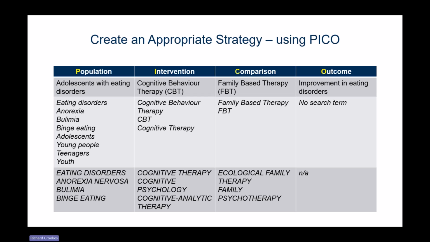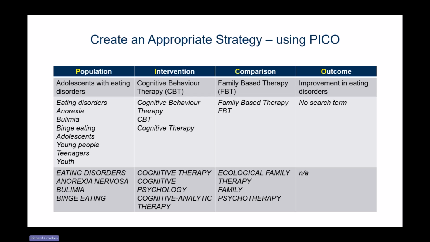So with population or the patient group, we have obviously numerous terms to consider. The italicized terms there in lowercase are the keyword search terms. So these are the free text terms that we can enter. Again, this is kind of second guessing what authors, researchers, editors use in terms of referring to the population group, the intervention, etc. So obviously eating disorders is a key element here.